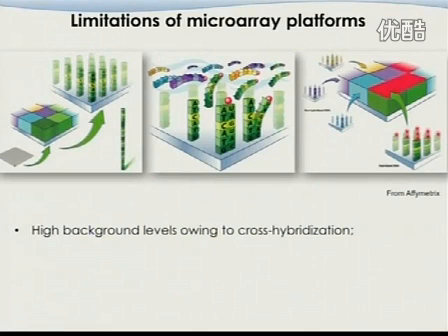A lot of very high-impact papers were generated, and a lot of discoveries were made. Despite this, there are some limitations of arrays. The first one is high background levels because of cross-hybridization. You are hoping that this oligo targets and hybridizes to this molecule, a perfect match.